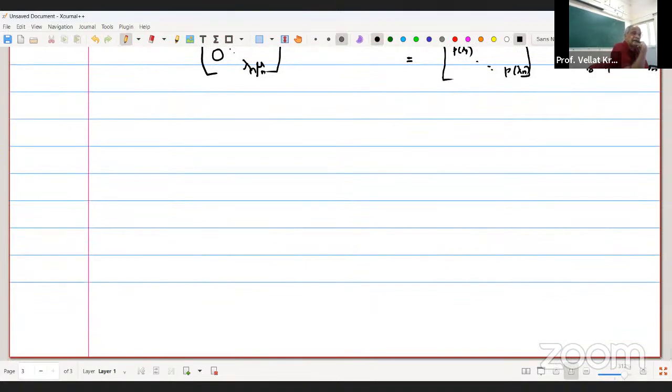So that is, of course, a great advantage that we have of diagonal matrices. So the question that you want to ask is, given a linear transformation, is it possible to find a diagonal matrix to represent it? So let us ask the following.